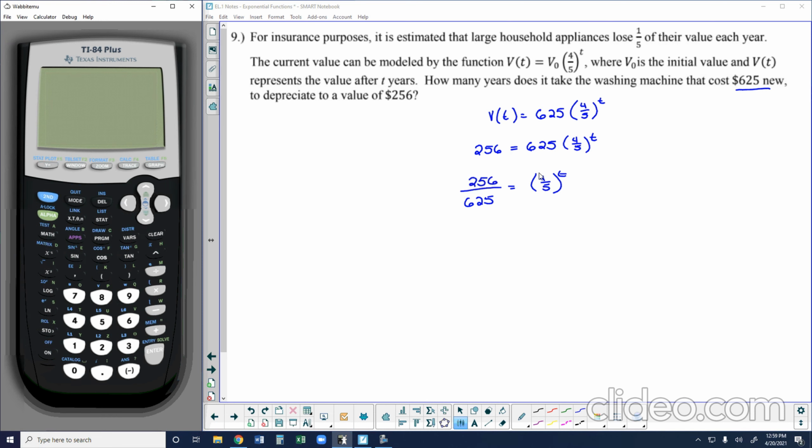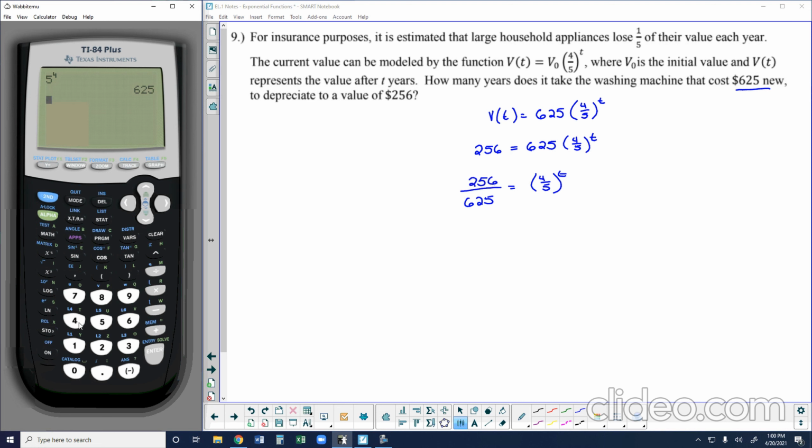We can actually solve this one algebraically using the uniqueness property. What I may realize is I need the base to be 4/5. So I'm looking to find out if 256 over 625 is some power of 4/5. Let me just look at the 625. 5 to the 4th power is 625.